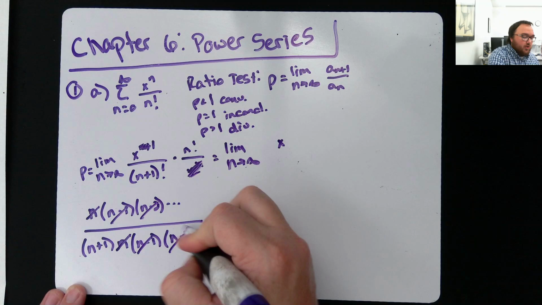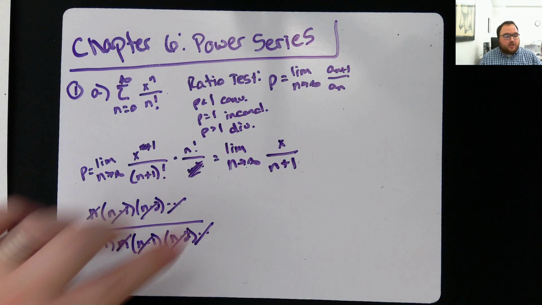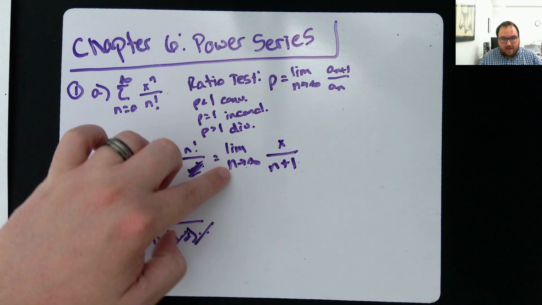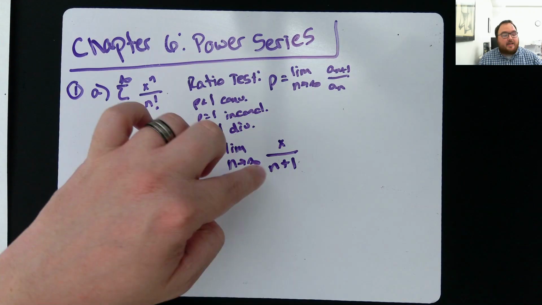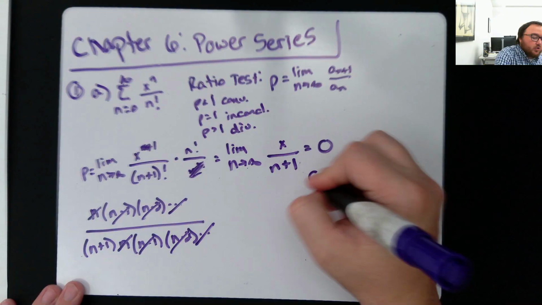So n plus 1. So the limit here isn't very hard because the only thing that's changing is the n. As n gets really big, the denominator gets really big, which means the entire fraction gets really small. So this limit is equal to 0, which by the ratio test means this converges.